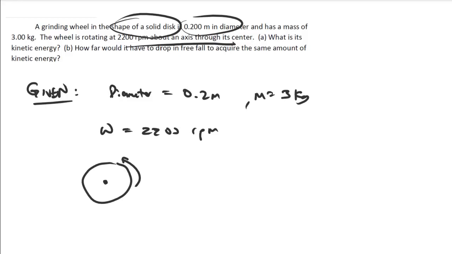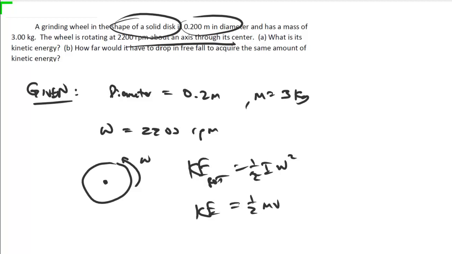at 2200 RPMs. This is because when we look at rotational kinetic energy, KE rotational, this is 1/2 I omega squared, versus linear kinetic energy, where we just had 1/2 mass times the speed squared. But this I, this rotational inertia, remember mass is the way we quantify linear inertia, but I is rotational inertia, and this has to do with how the mass is distributed about the axis it rotates around.